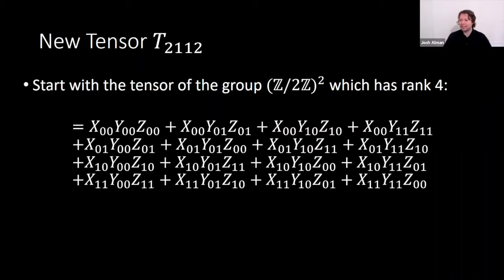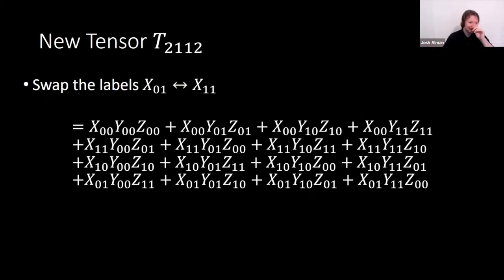What I'm first going to do is rename a couple of the variables. Bear with me one second. The first thing I'm going to do is swap the labels x01 and x11. So all these that have x01 right now, I'm going to call x11, and all these that have x11 right now, I'm going to call x01.